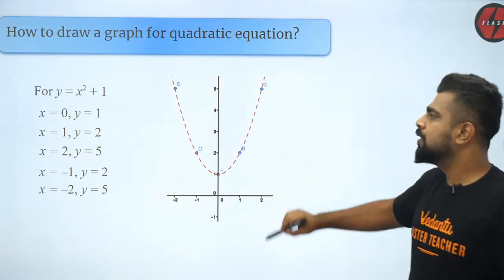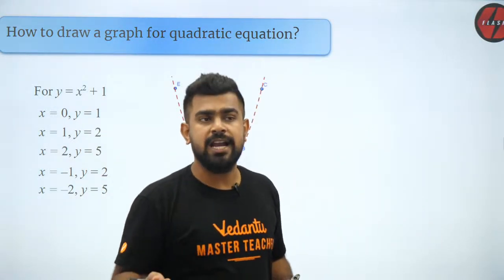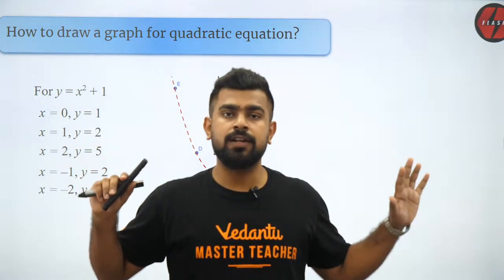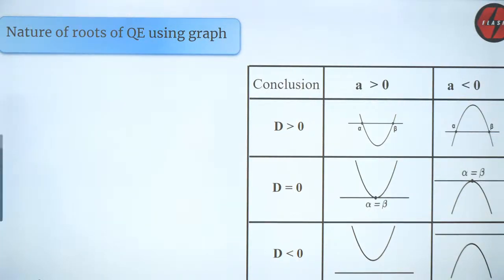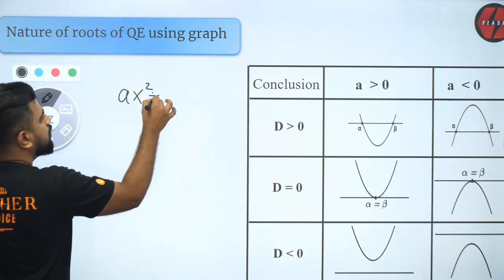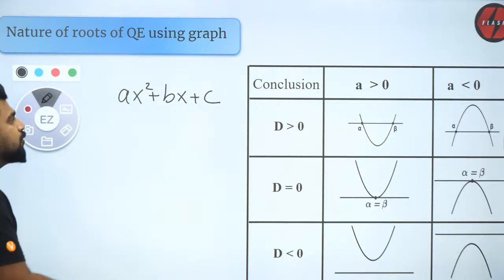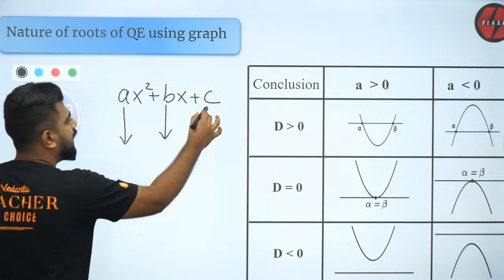So now that our basics are clear, I want to teach you guys how to draw the graph of any quadratic equation. Let us say you have ax square plus bx plus c and you want to draw the graph of it. So here in this case, you guys have to focus a lot on the values of a, b and c.